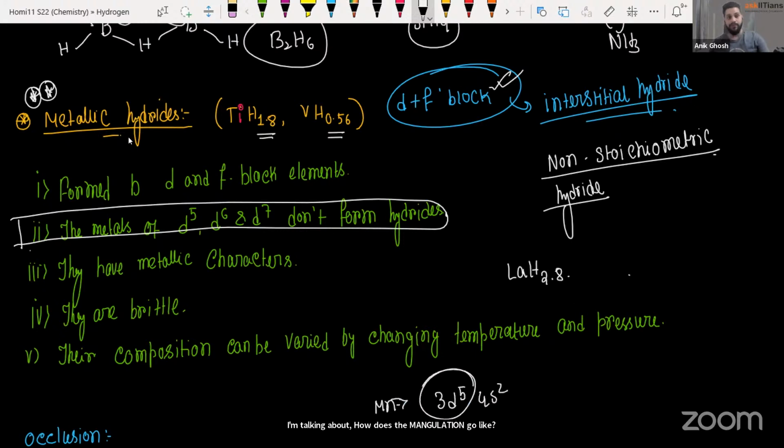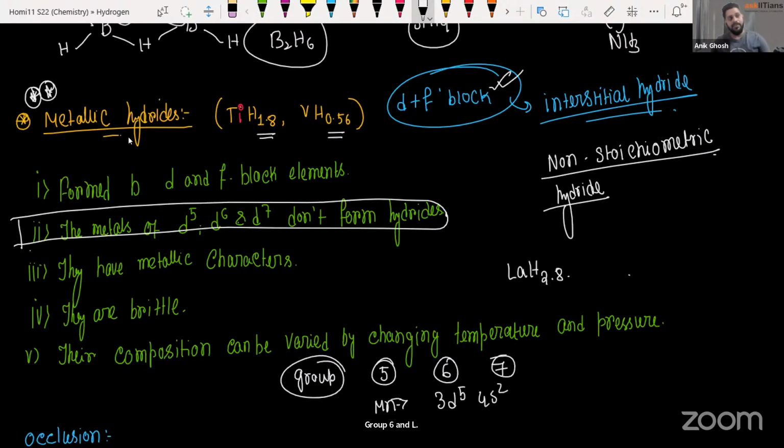This is your d5. In the original state it has 5 electrons in the d orbital. So I'm talking about group 7, group 8, and group 9, meaning manganese, iron, and cobalt groups.